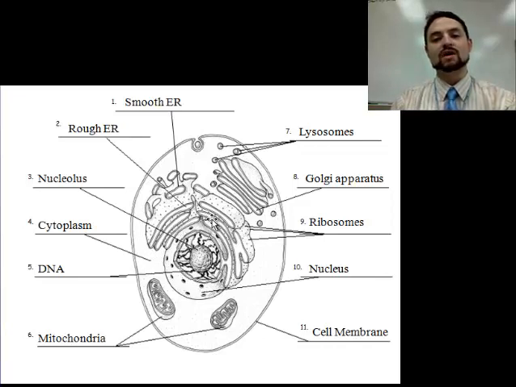Then as we come out, we've got the endoplasmic reticulum. In this case, the first part here is the rough endoplasmic reticulum. Then the smooth endoplasmic reticulum, the Golgi apparatus, lysosomes, which are very important to the cell's function, mitochondria, and then, of course, the cell membrane as well. And we're going to go into detail in the next lecture about each of these.